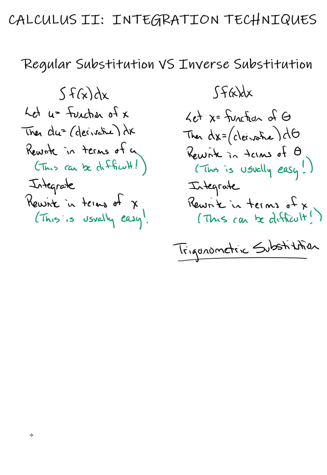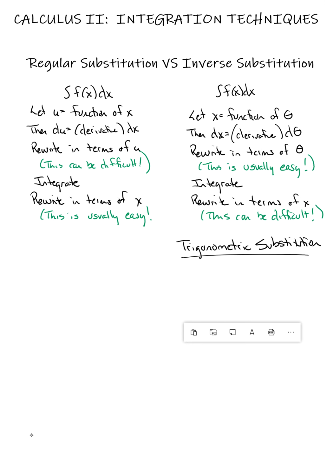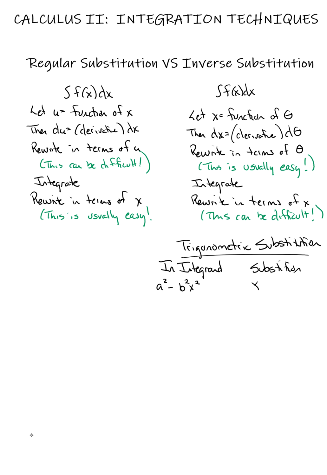In this type of substitution, if in the integrand we have something that looks like a squared minus b squared x squared, then the substitution we want to use, remember it's going to be x equal to some function, we'll use x equal to a over b sine theta.